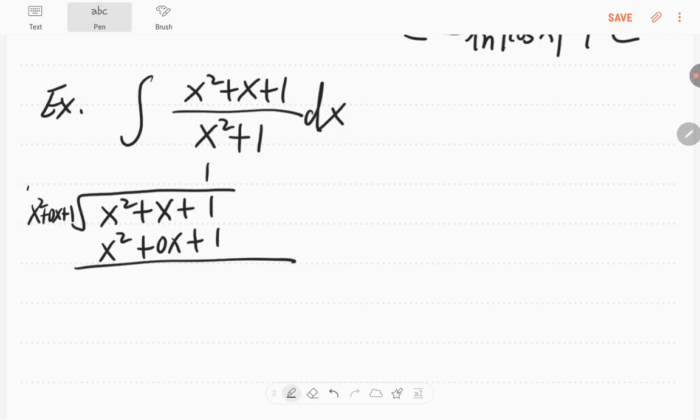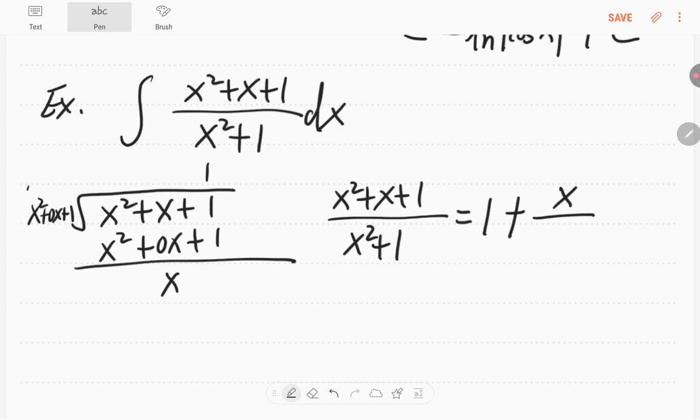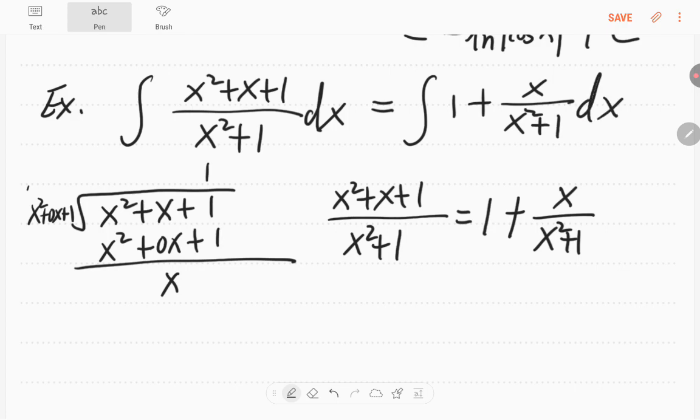You do the subtraction, and x is left. So x squared plus x plus 1 over x squared plus 1 is equal to 1 plus x over x squared plus 1. So we can rewrite this as the integral of 1 plus x over x squared plus 1 dx.